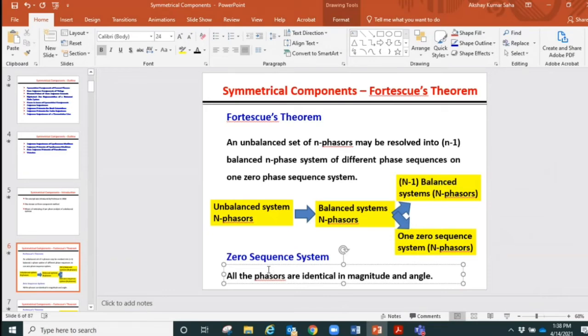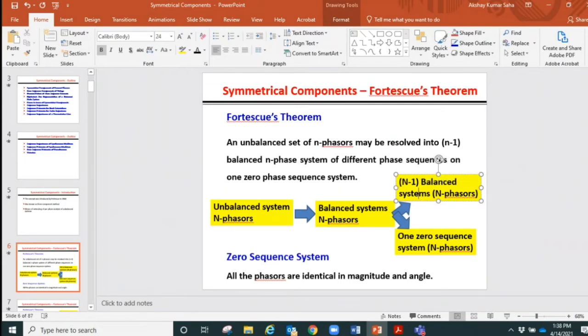That is called zero sequence because the angle between them is 0 degrees. But positive sequence and negative sequence also have the same magnitude and are separated by 120 degrees from each other.